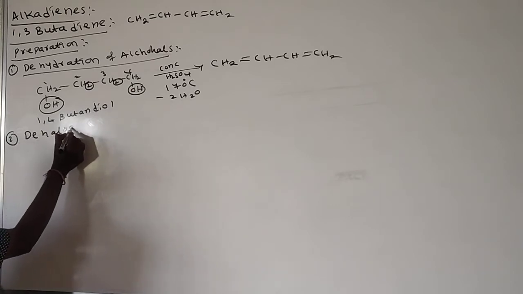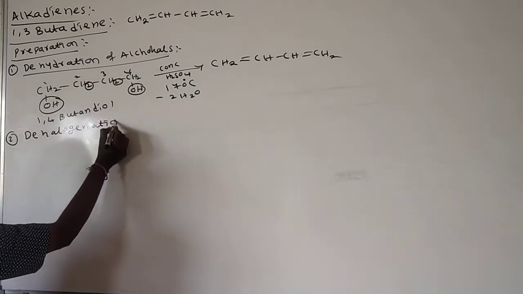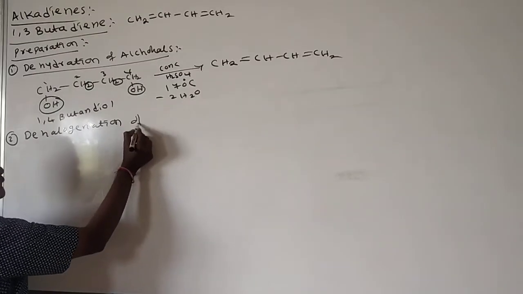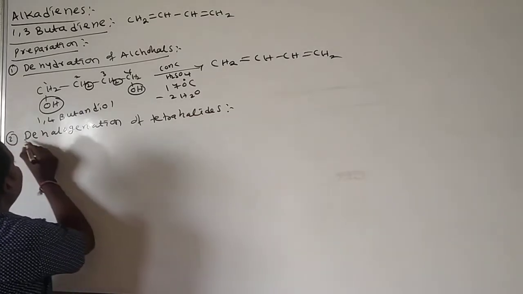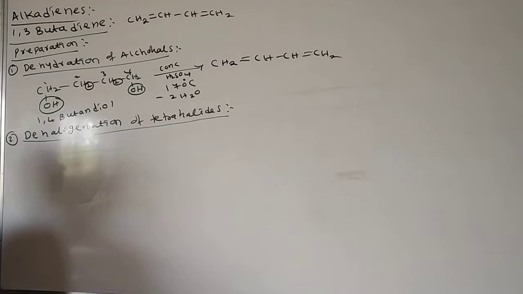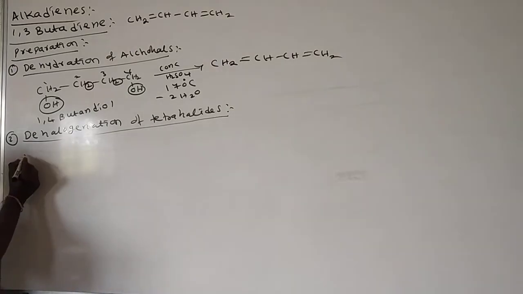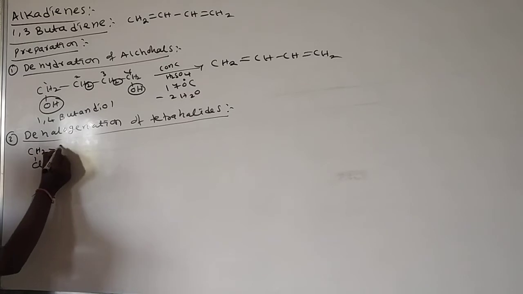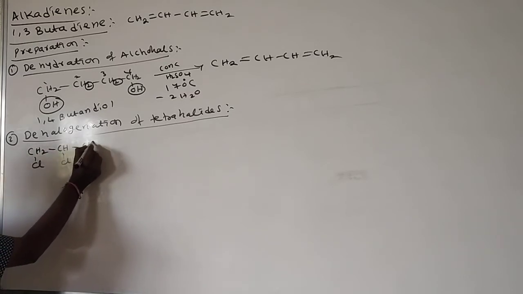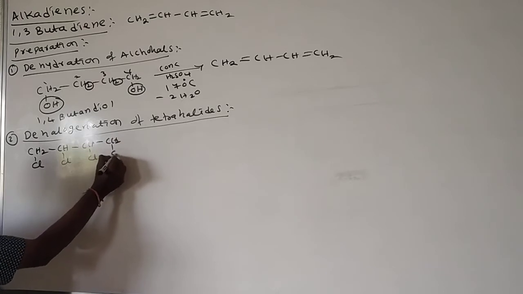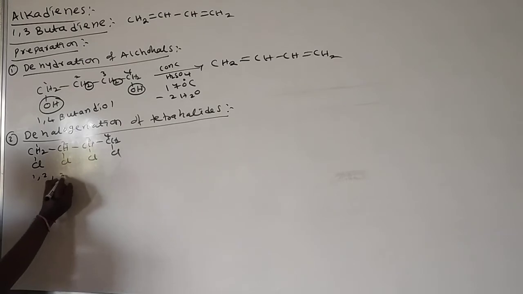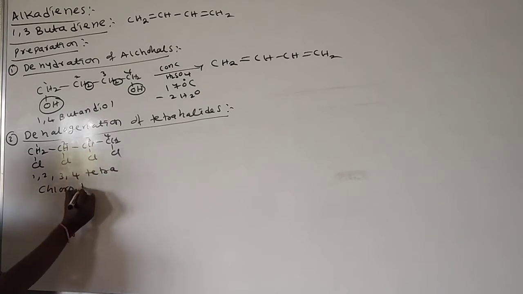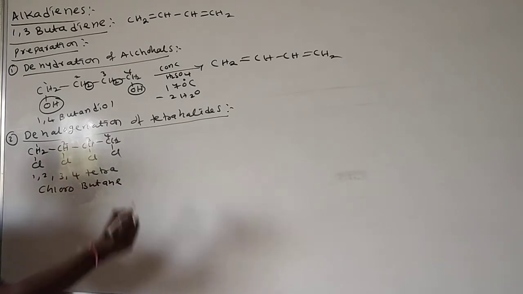Okay, dehalogenation of tetrahalides also gives 1,3-butadiene. Here I am taking CH2Cl-CHCl-CHCl-CH2Cl, 1, 2, 3, 4, tetrachlorobutane.